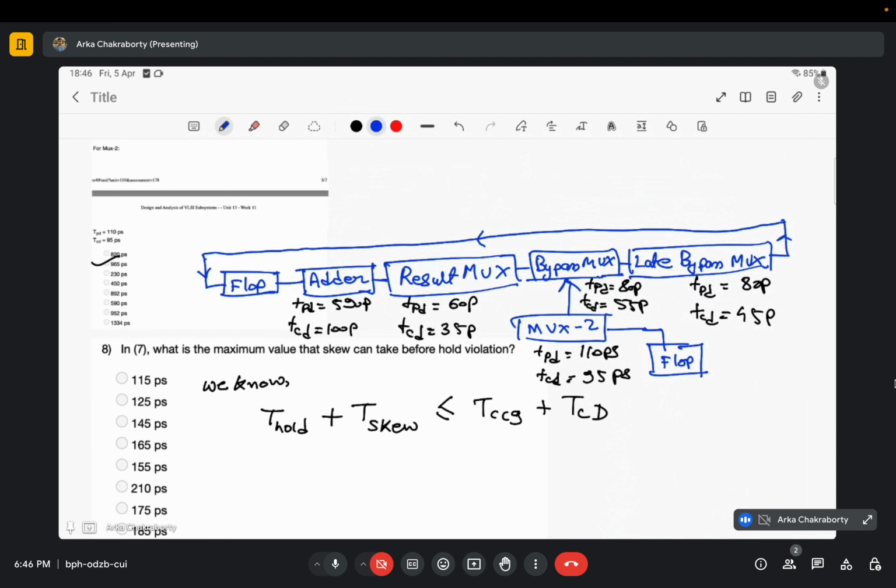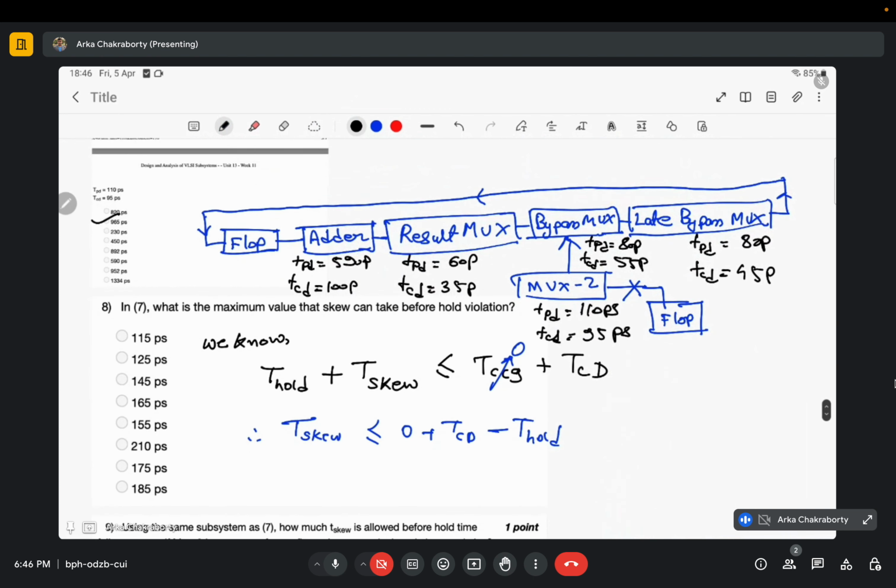But as it has not been mentioned for the time being, I will not consider this part. So I can take this TCCQ to be 0, right? Therefore, my T skew that I need to find would be less than or equal to 0 plus T contamination delay minus T hold. Now there are two paths again, right?